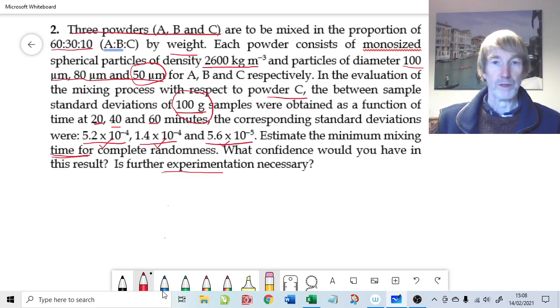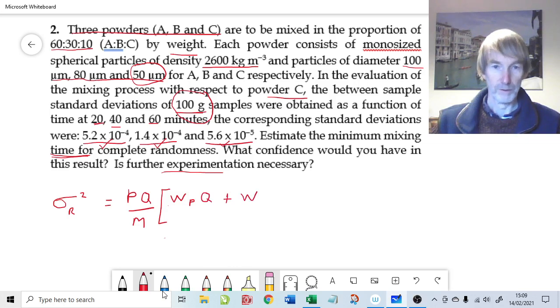The way we're going to solve this problem is using Poole, Taylor and Wall's equation, which says that the variance of a mixture, and it's for a binary mixture, but we'll deal with that in a moment, is the mass proportion P times Q all over the scale of scrutiny, the mass of the sample, times quite simply the weight of one particle P times the proportion Q plus the weight of the other particle for a binary mixture, which we'll call Q, times the proportion P. Fairly simple equation.